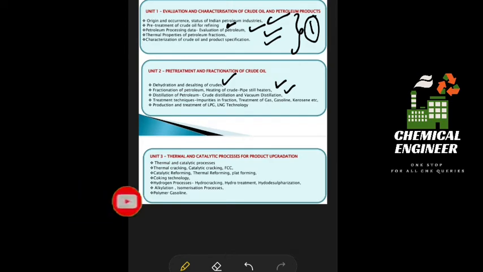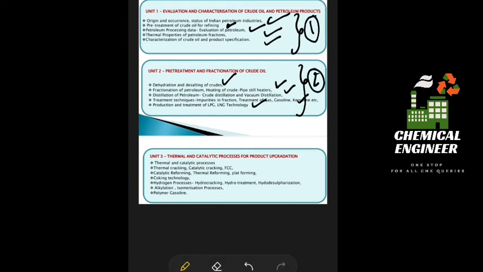Then we will see treatment techniques for treatment of gas, kerosene, and gasoline. Then we will see production and treatment of LPG and LNG. Generally we will cover the basics of the refinery, overviewing all the unit operations and processes of the refinery in this chapter. So this is chapter number 2.